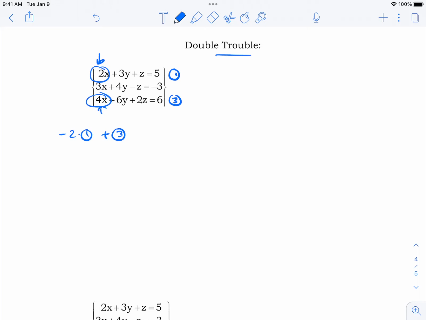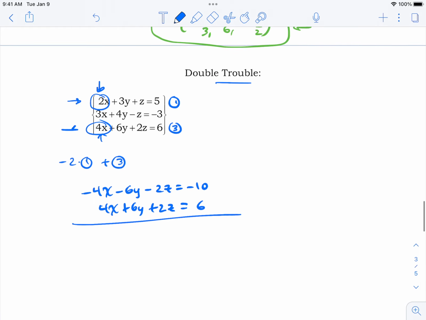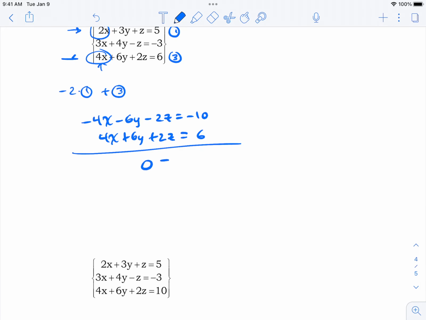Watch what happens. So a negative 2 across here is negative 4x minus 6y minus 2z equals negative 10. Equation 3 as is, 4x plus 6y plus 2z equals 6. The x's cancel, the y's cancel, the z's cancel. The left side is 0. On the right you get a negative 4.